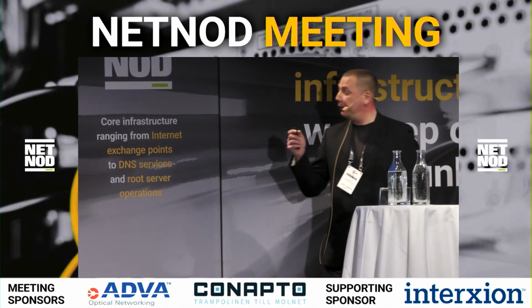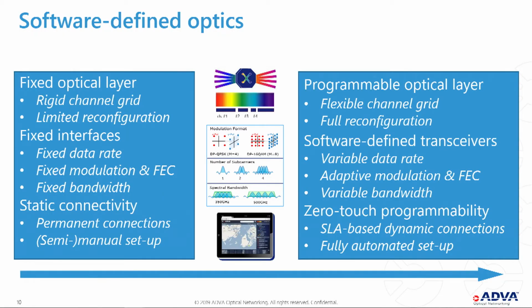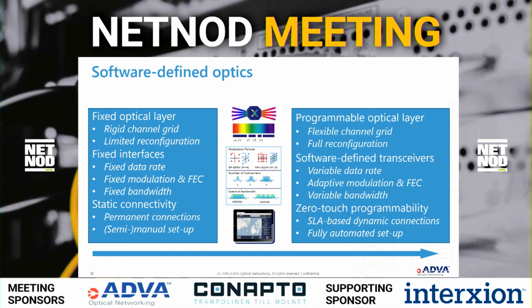So, to wrap up the technology, I'm getting a little bit short of time. This is what we have traditionally had. Very rigid, not dynamic optical layers. Given all the technology advances, we are getting there.